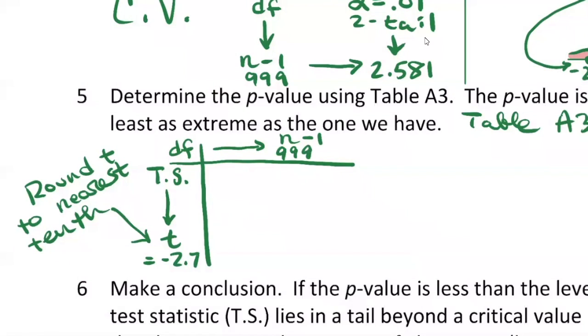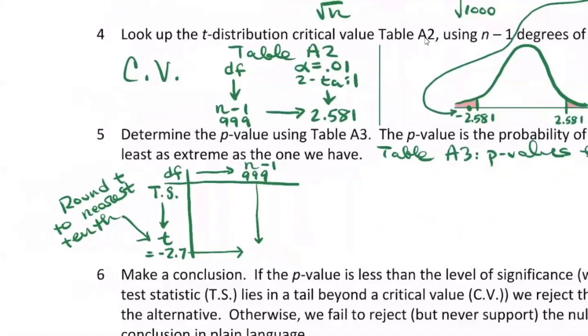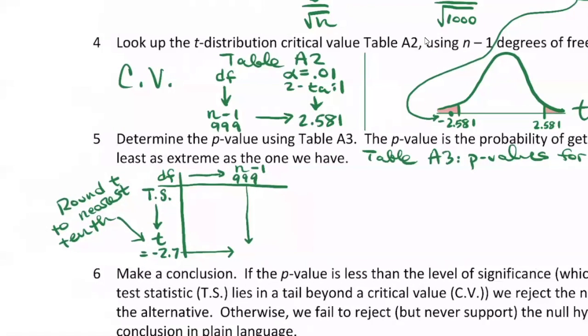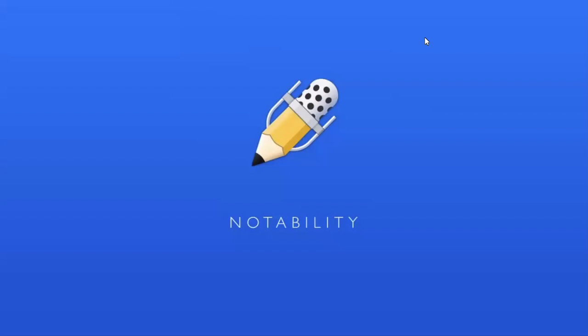And again, just pick the closest one. This table's not going to have 999 degrees of freedom. Okay, any questions? Let's grab the table real quick. Again, it's A3.